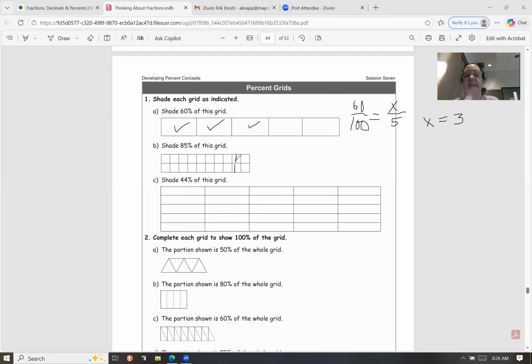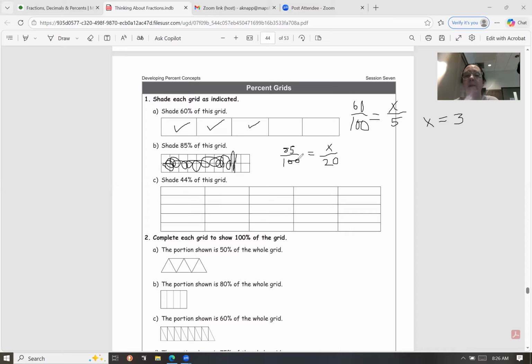So 17 of my squares are shaded, or you could have set up the proportion again. Always remember a percentage is out of 100. So when you're setting up a proportion related to percentages, you take your number over 100 equals X over 20 squares.